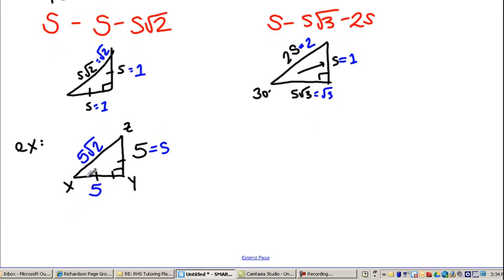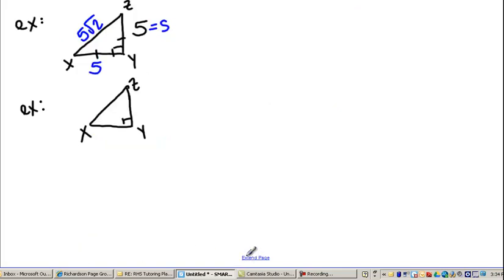Okay? Now, where it gets a little bit trickier is, we're going to use the same picture. So Z, Y, and X. Okay, if I told you that XZ was 2 square roots of 5, can we find YZ?